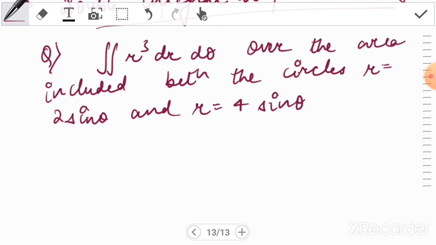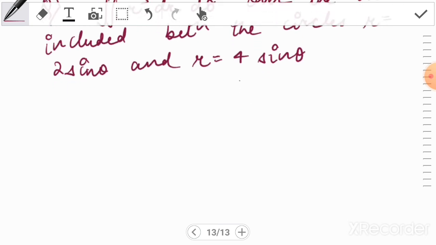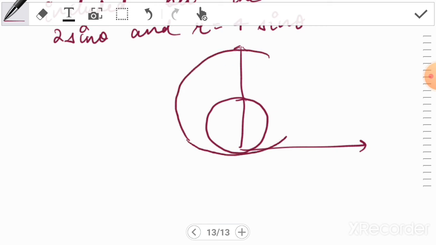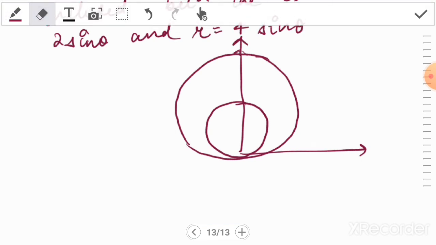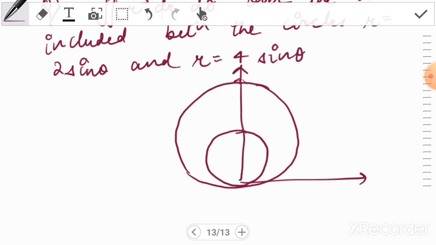Given that we have two circles, let us draw them first.